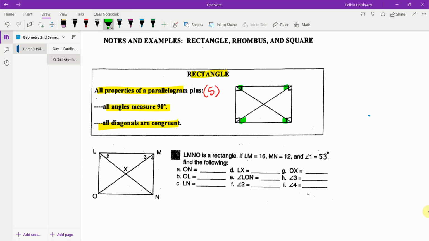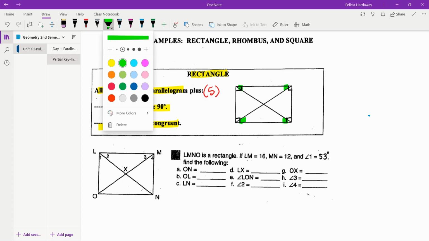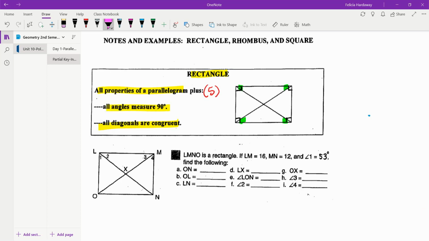So the top and the bottom are congruent isosceles triangles. That also lets us know that this angle here, this angle here, this angle here, and this angle here are also going to be the same. So if I know one, then I know there are others as well.